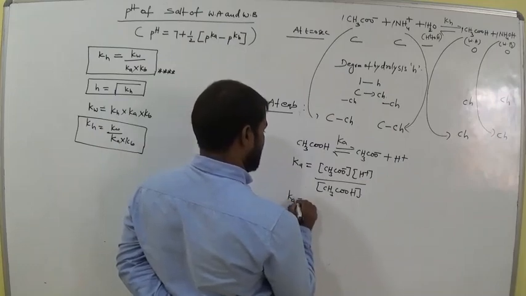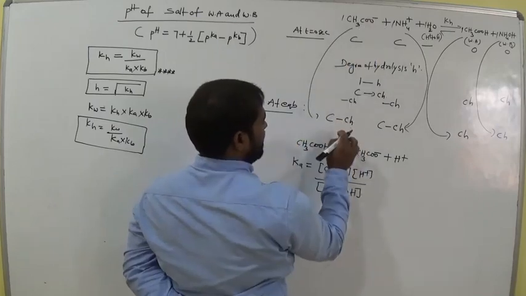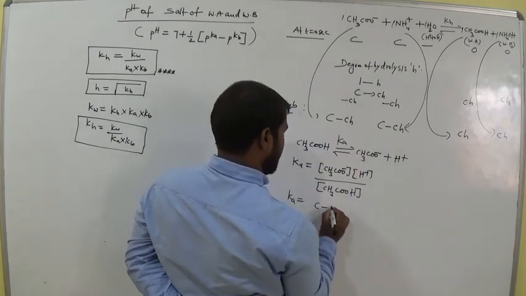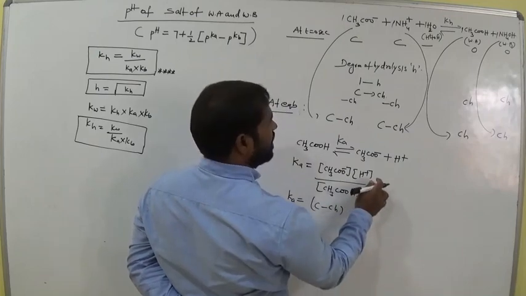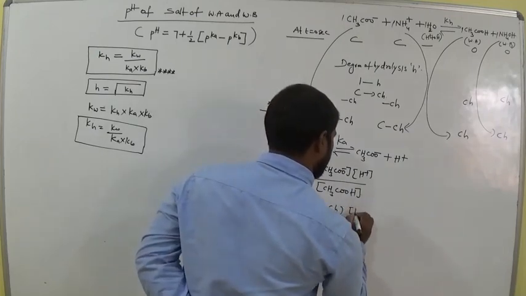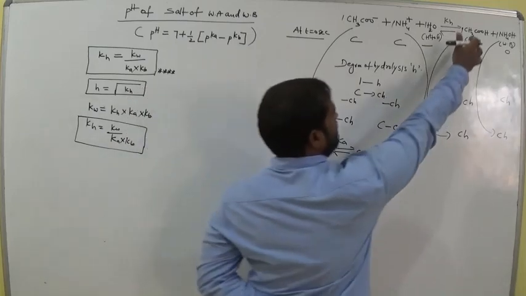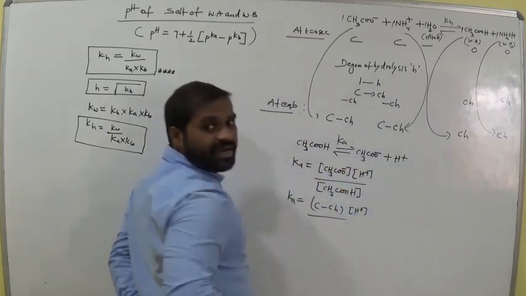What is the value of CH3COO minus at equilibrium? That is c minus ch. What is the value of H plus? We don't have it, so write as usual H plus. What about acetic acid concentration at equilibrium? That is ch.